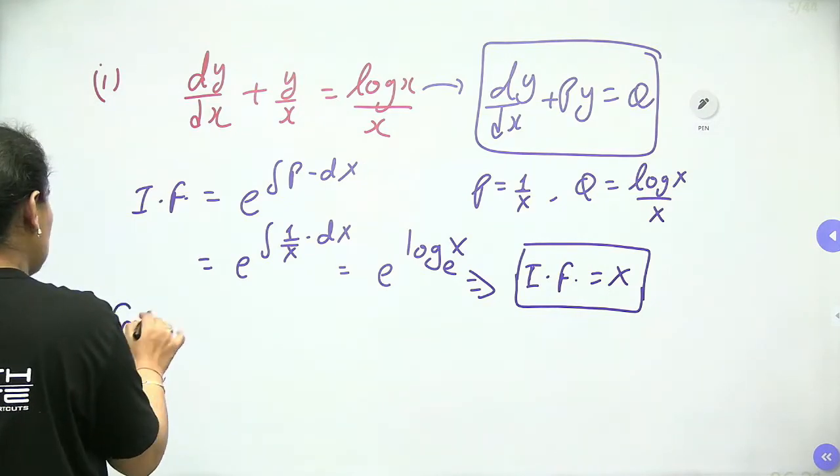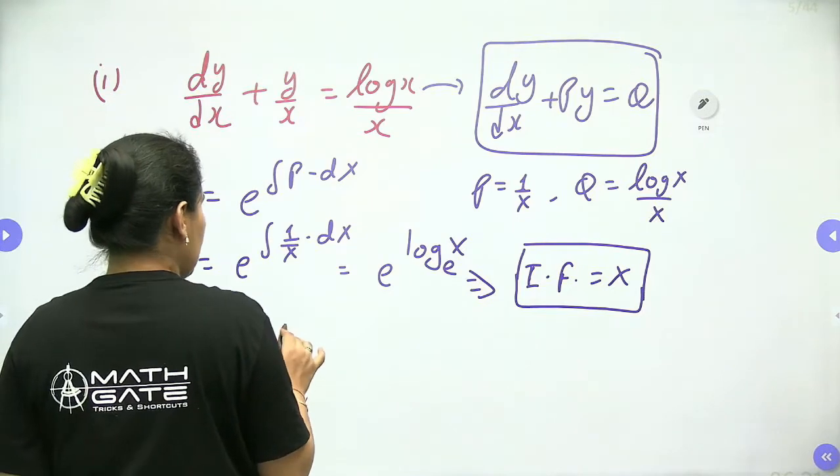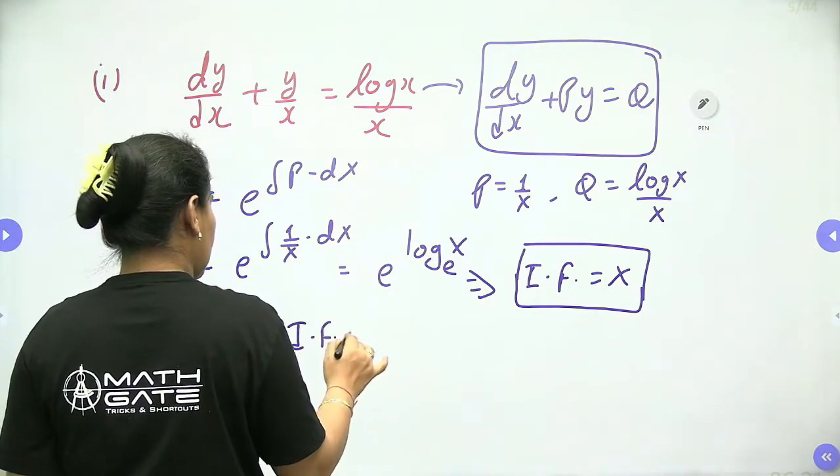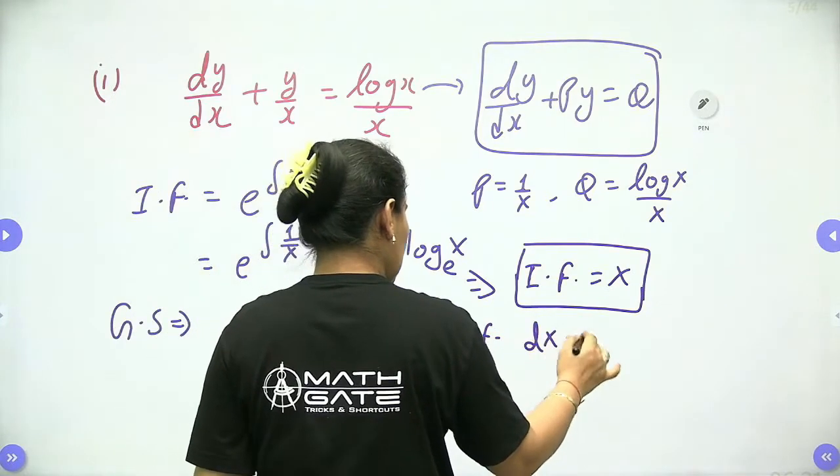Integrating factor is done. Now let's find the general solution. It will be y into integrating factor is equal to the integral of q into integrating factor dx plus c.